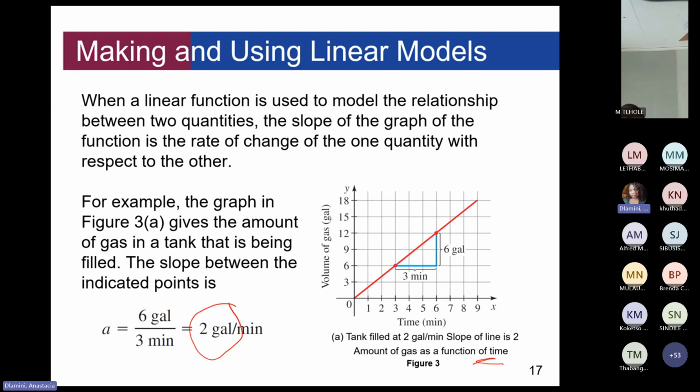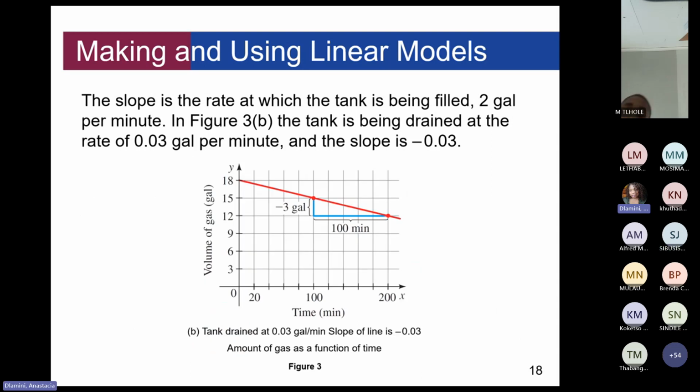Are we together? Now, by looking at the graph, is the gas being filled in the tank increasing or decreasing? It's increasing. Thank you. Now we have the slope, the rate at which the tank is being filled, 2 gallons per minute.